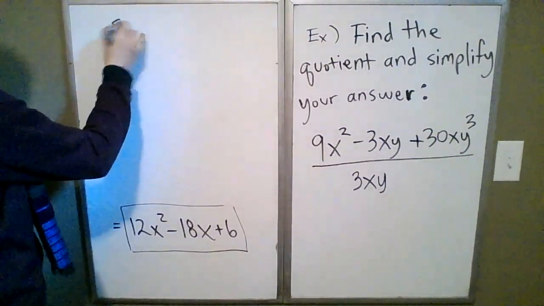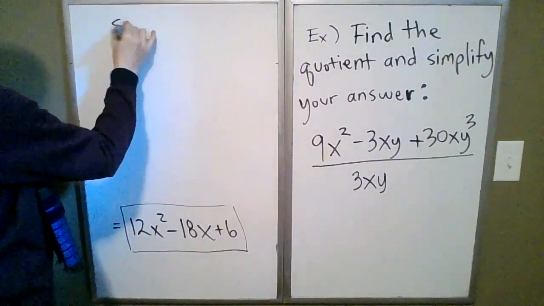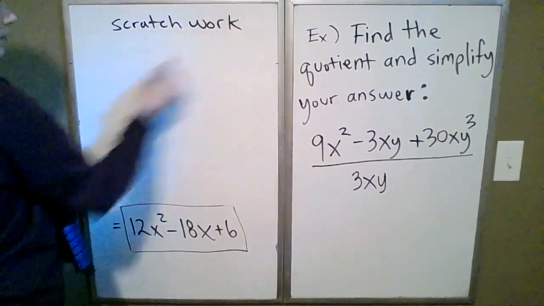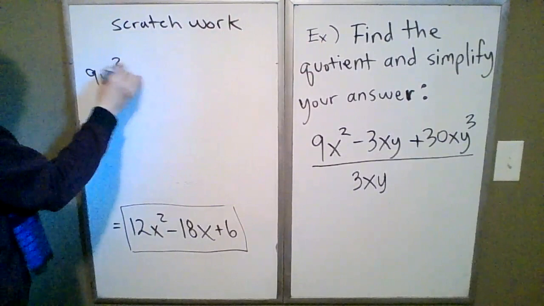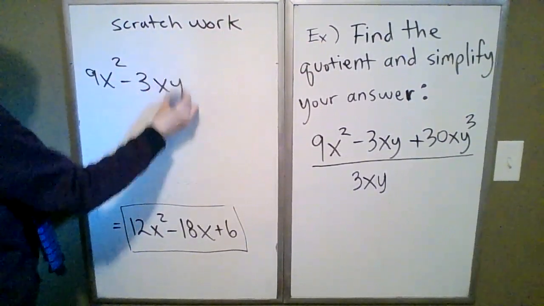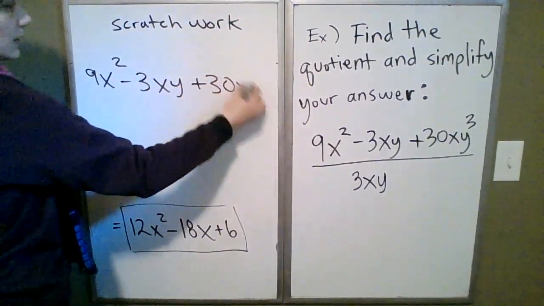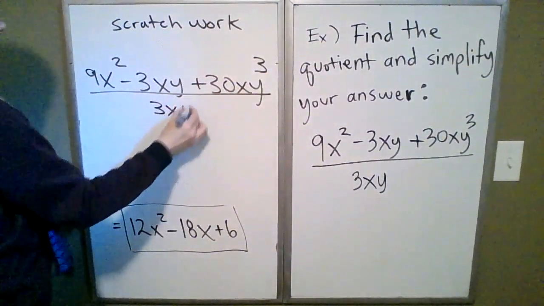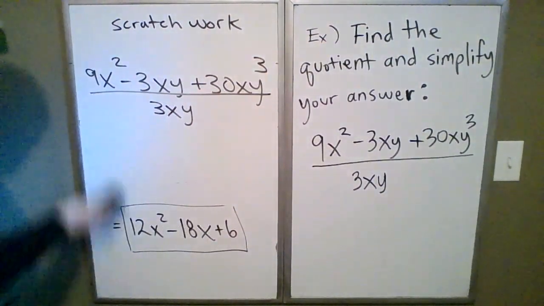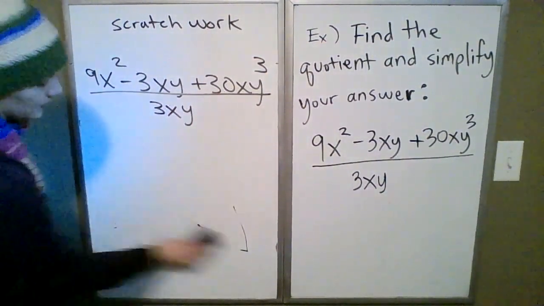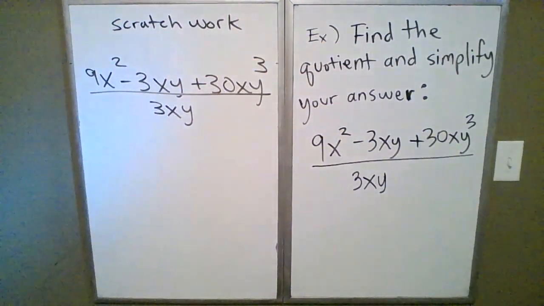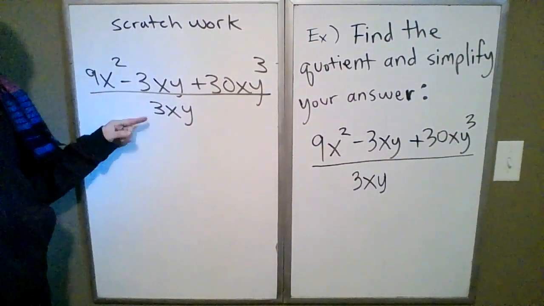So to start, we're just going to restate the problem. Okay, start with that 9x squared, put it over 3xy.